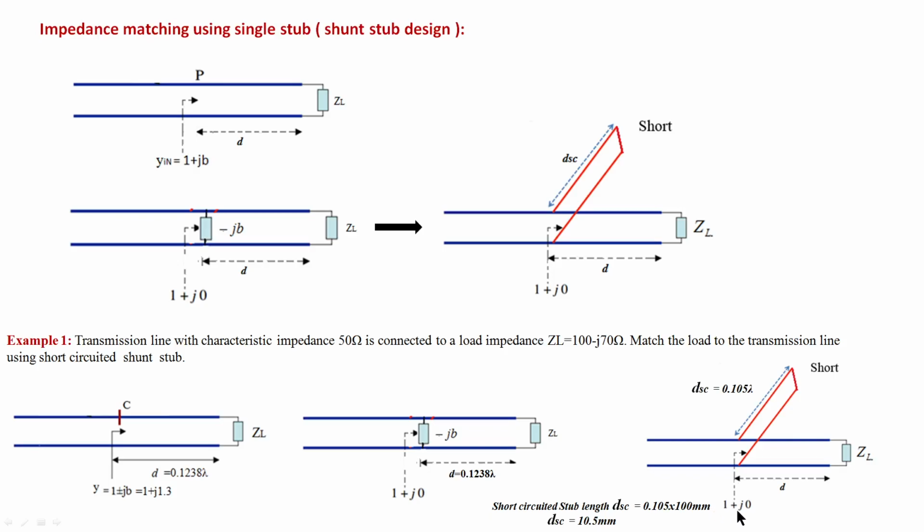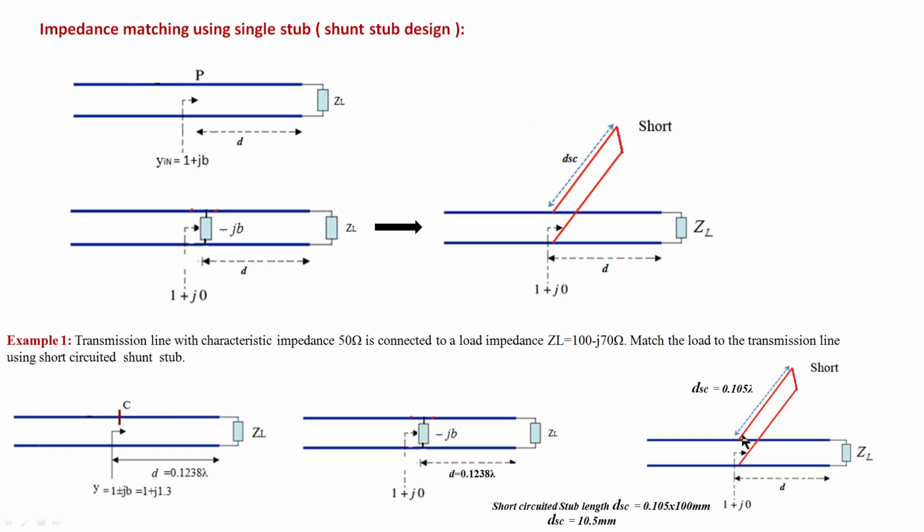Y equal to 1 means impedance is equal to 1, that is equal to the characteristic impedance. Whenever the wave comes like this, it feels an impedance equal to the characteristic impedance, because we cancelled the existing susceptance, leaving only 50 ohm impedance.